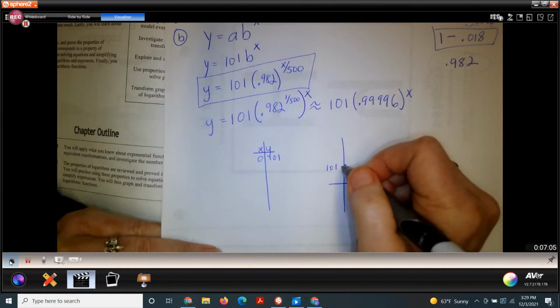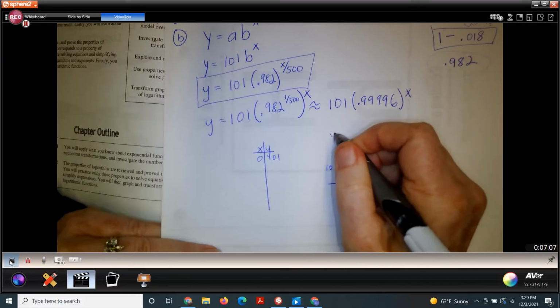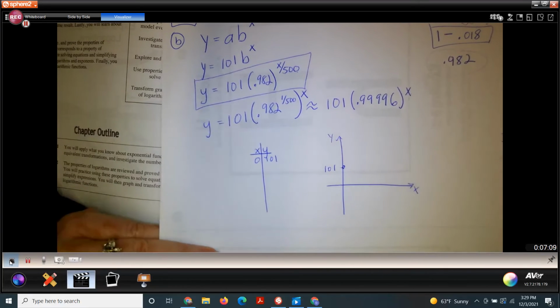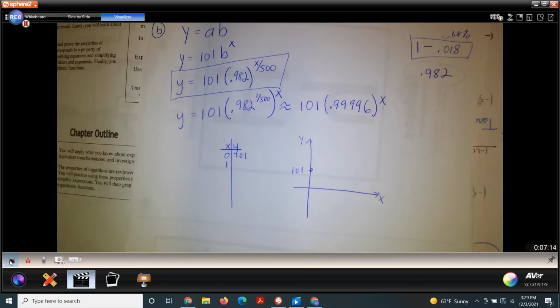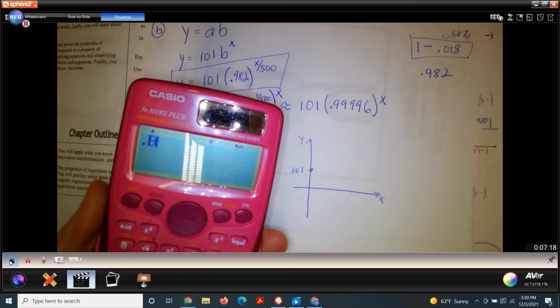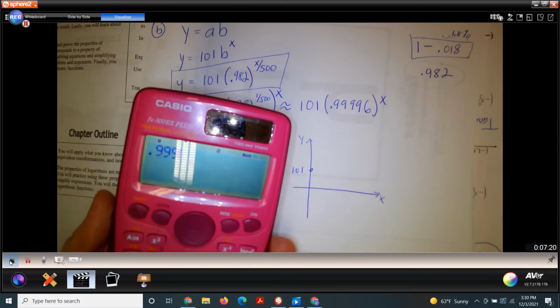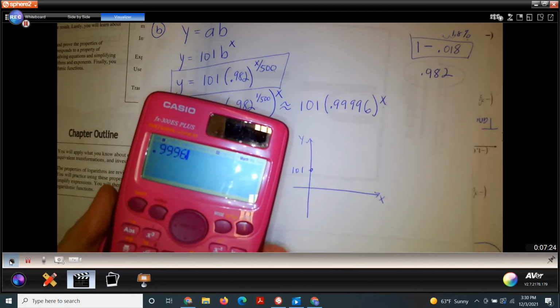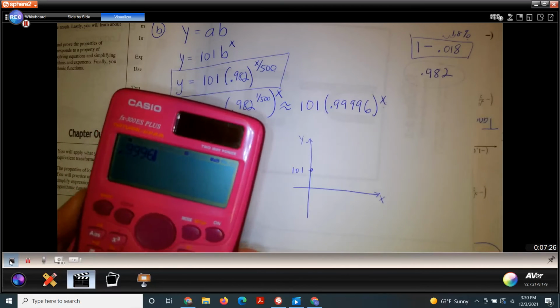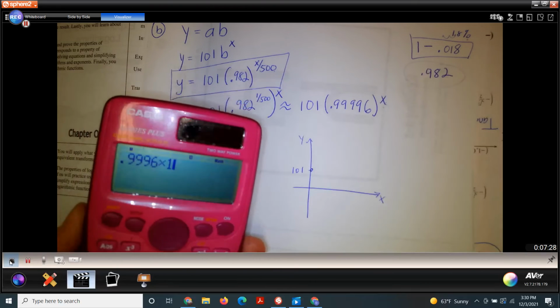And then if I raise that to the first power, 0.9996 raised to the first power would still be 0.9996 times 101.